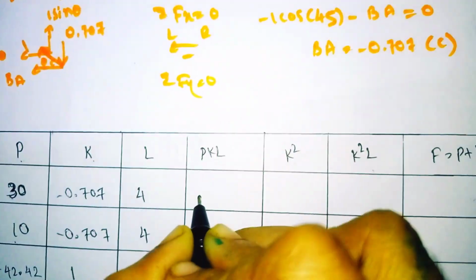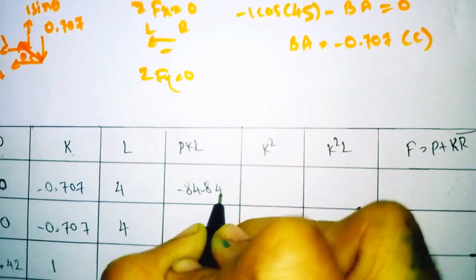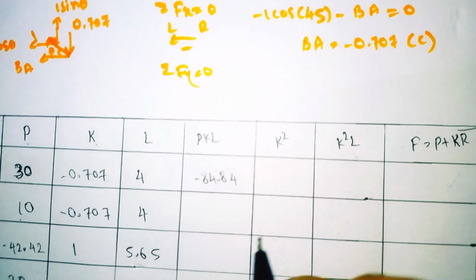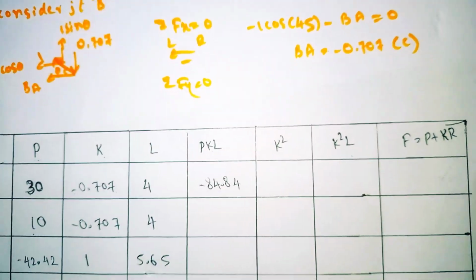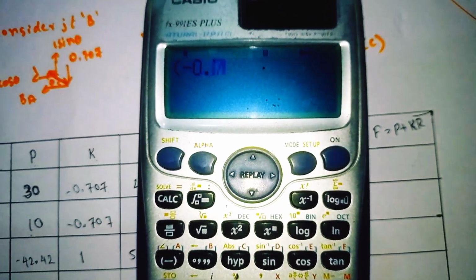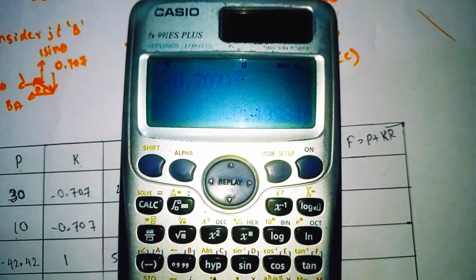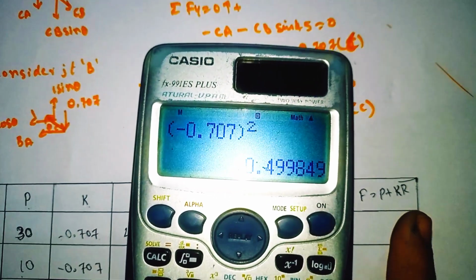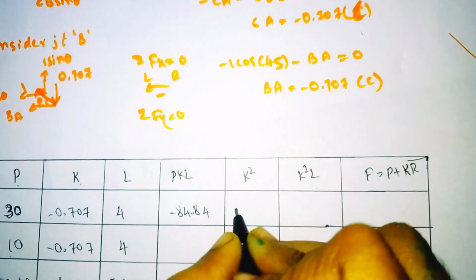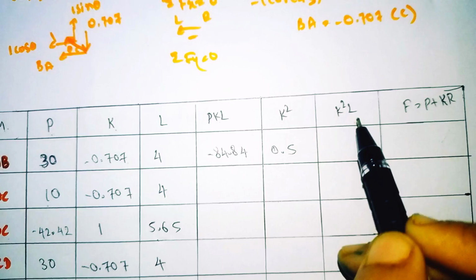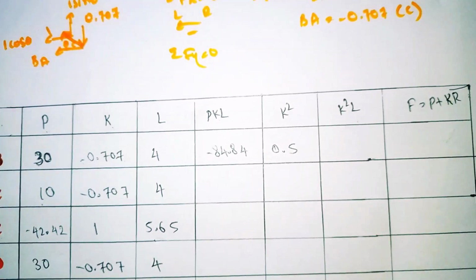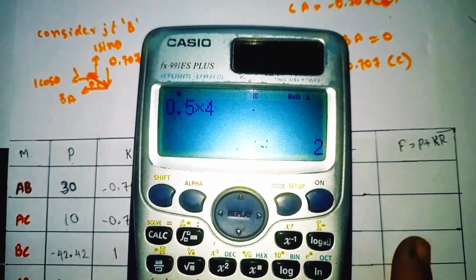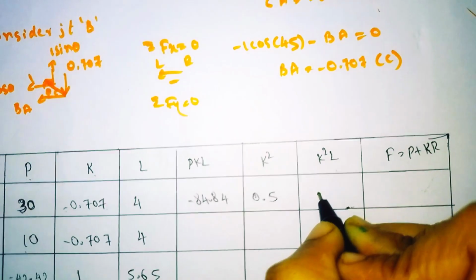So put it here, minus 84.84, and K square, minus 0.707 squared, will come out as 0.49. 0.49 is nothing but 0.5. So K square is 0.5. K square into L, so 0.5 into 4, will come out as 2. K square L value is 2.